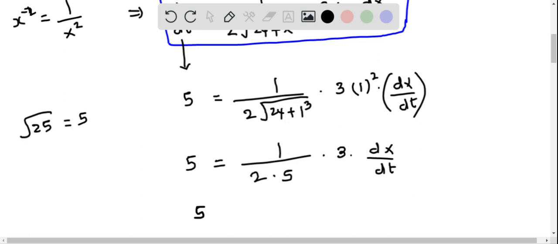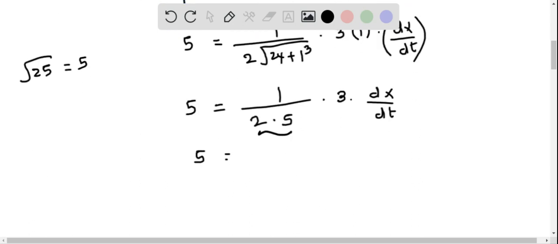So this gives 5 equals 2 times of 5 is 10. So we have 3 in the numerator. So we can rewrite this as 3 tenths times dx over dt. Now to solve for dx over dt, we have to multiply by 10 and divide by 3, or otherwise we multiply by 3 tenths on both sides.